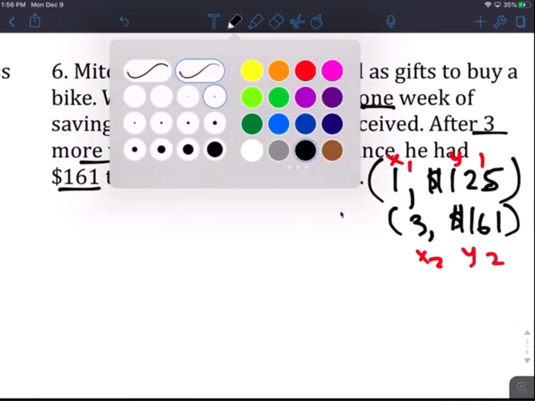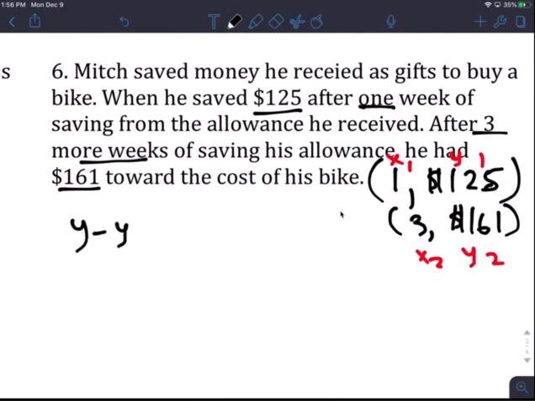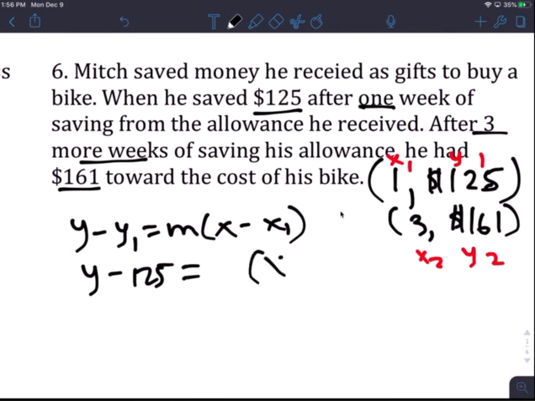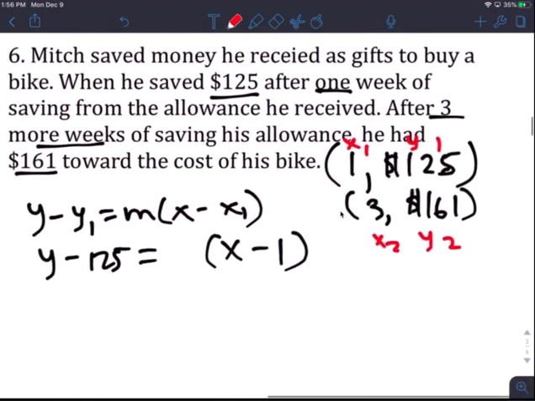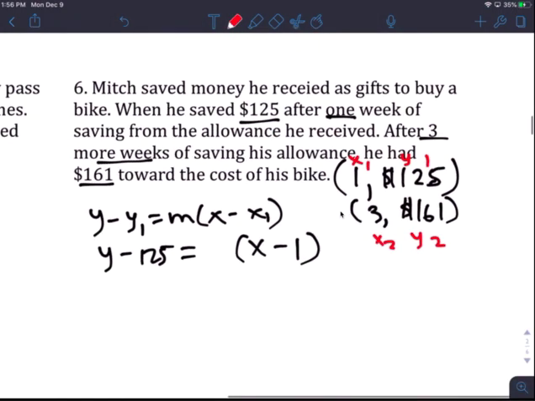Okay, formula, point slope: y minus y sub 1 equals m parentheses x minus x sub 1. y minus y sub 1, which is 125, equals m, we don't know yet, x minus x sub 1. Okay, to the slope formula.